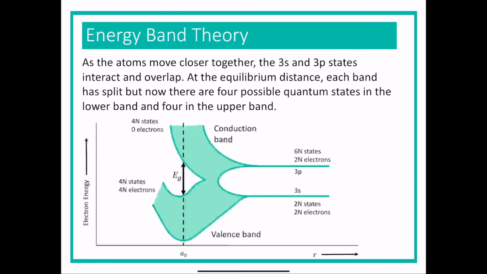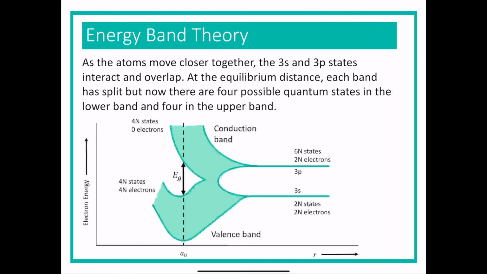If you're far away, you have the 3s state and the 3p state, with 2 electrons in the 3s state, and 2 electrons in the p state, where 6 could be. But when they come together, the whole band splits and turns into a dual-level continuous energy distribution.